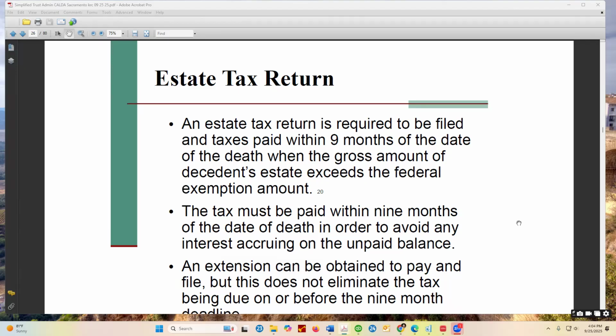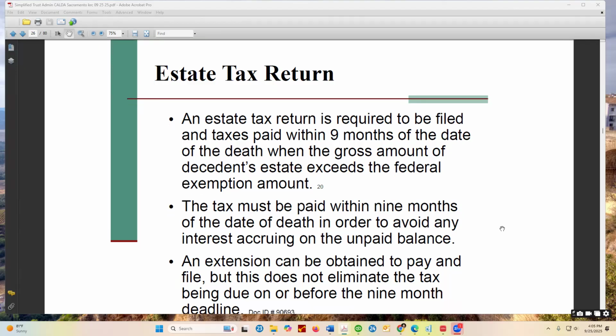If you don't have the papers together, you can file an extension of time to file for 6 months so that you can file later. But if there's estate tax due, it needs to be paid in by that 9 months from the date of death.